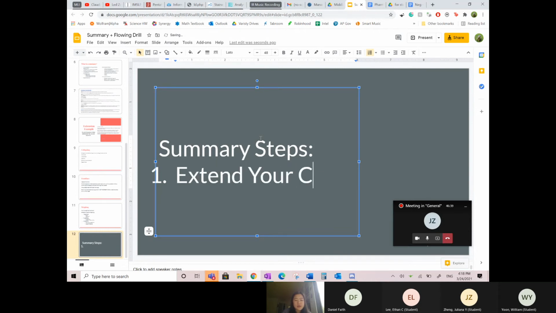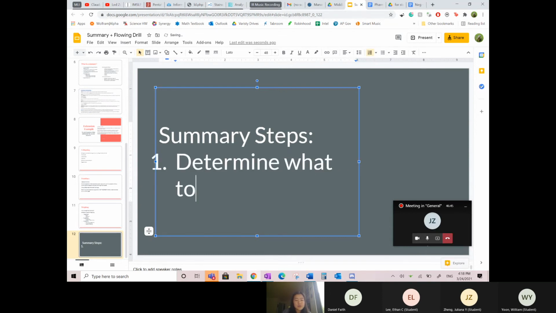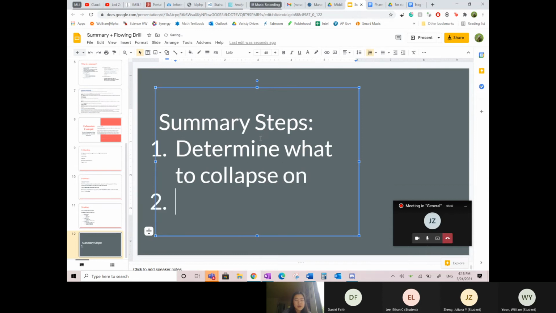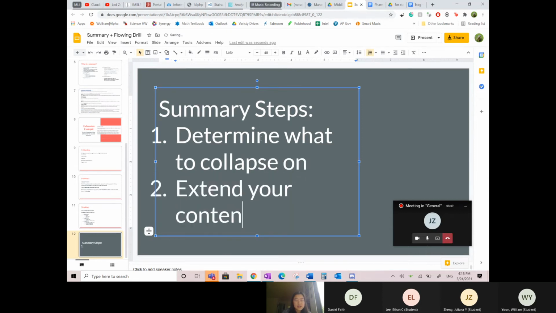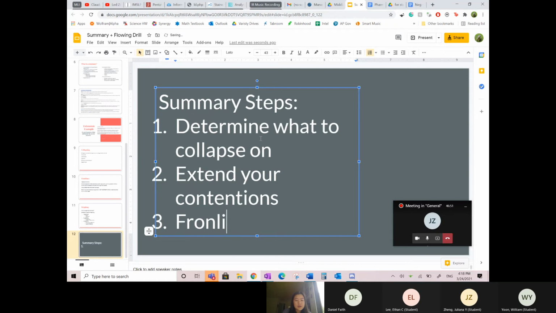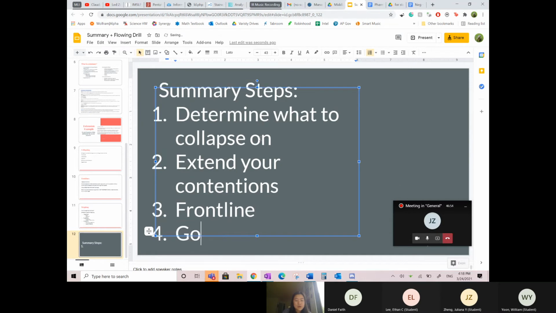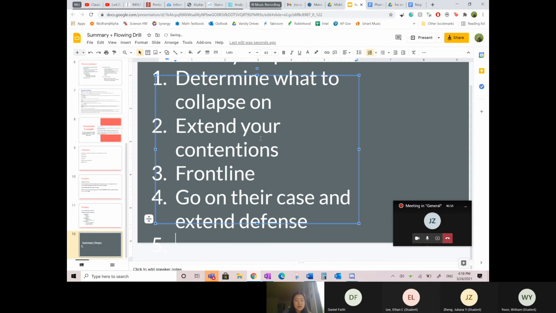Okay, extend your case. Actually, the first step would be to determine what to collapse. And then you have to extend your contentions, frontline, and then go on their case and extend defense. The last thing to do is weighing.